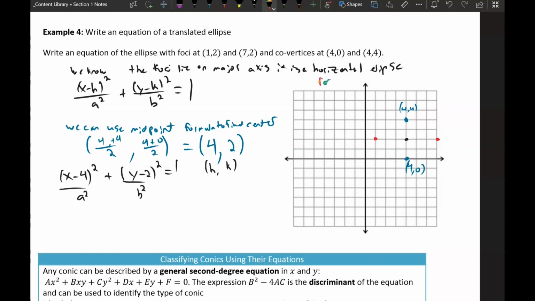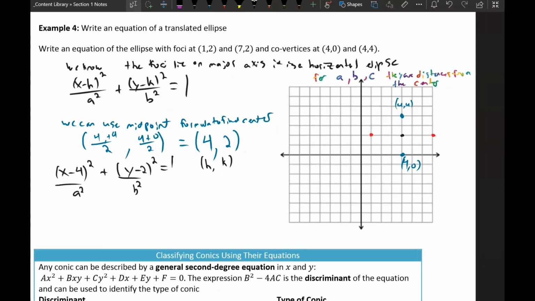For A, B, C, they are always going to be the distances from the center. So B is the distance of the co-vertice. Now you might have to use the distance formula to find them if you have hard numbers, or you can just count. In this case, our distance is going to be 2. So we know B equals 2.